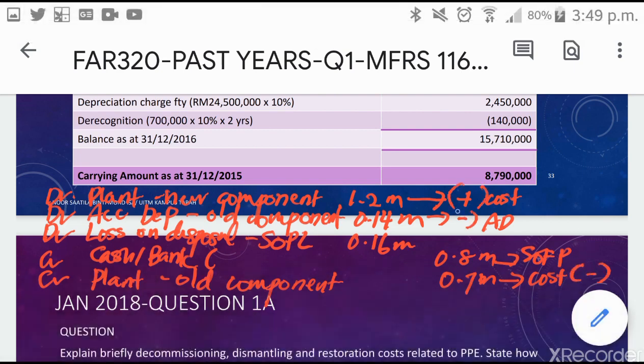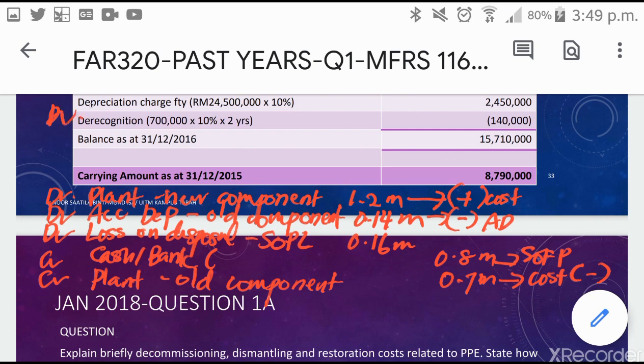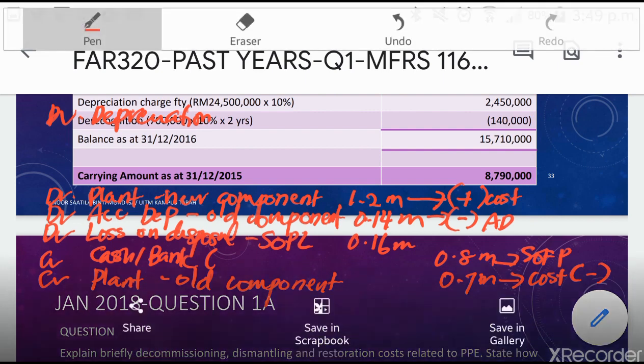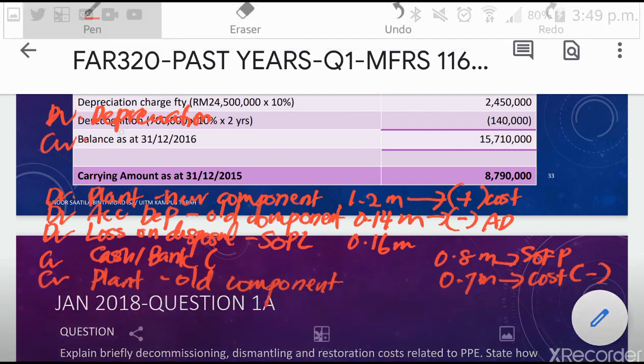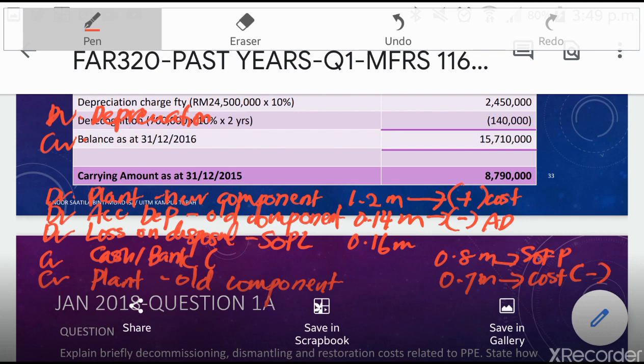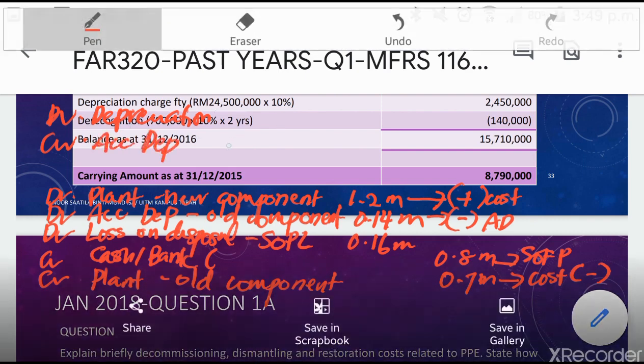On top of that, there will be one more journal entry, which is the journal entry for depreciation. Depreciation is based on the new carrying amount. The new carrying amount was 24.5, so you debit depreciation and credit accumulated depreciation.